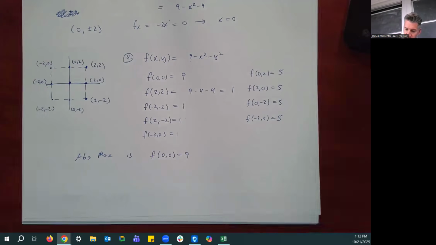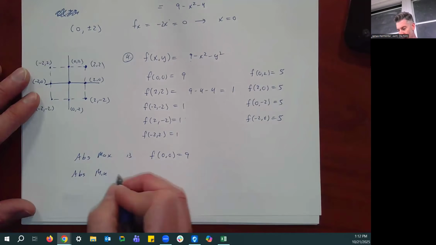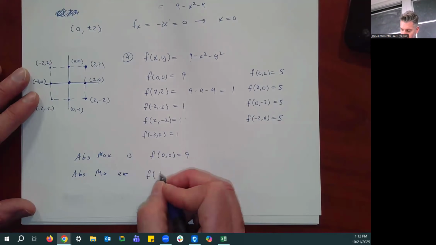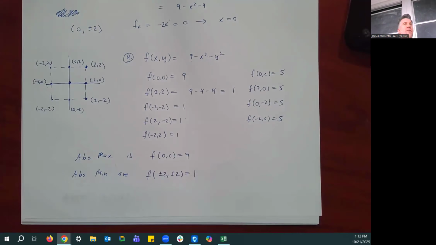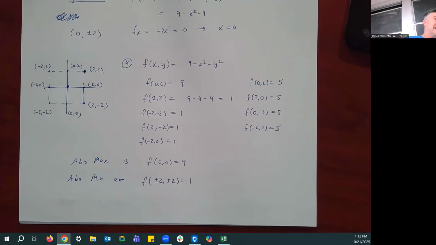And then our absolute minimum, well, there's a few of them. Absolute minimums are f of plus or minus 2 comma plus or minus 2 equal to 1, which is 4 different absolute minima. And really the reason I wanted to do this problem is so I could show you the picture on Desmos 3D because it looks kind of neat.